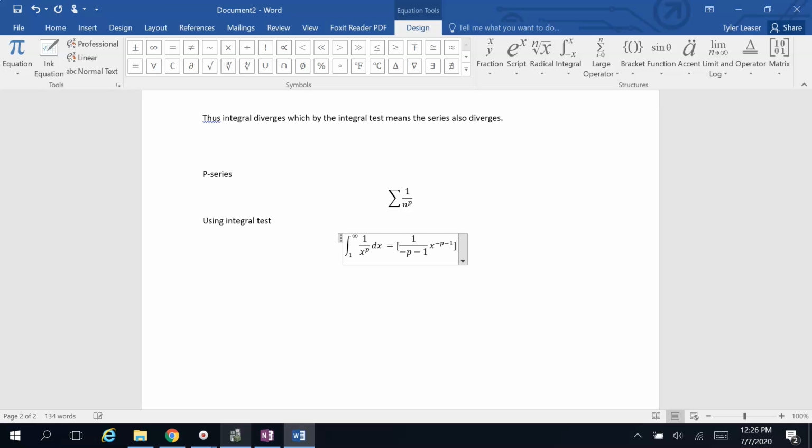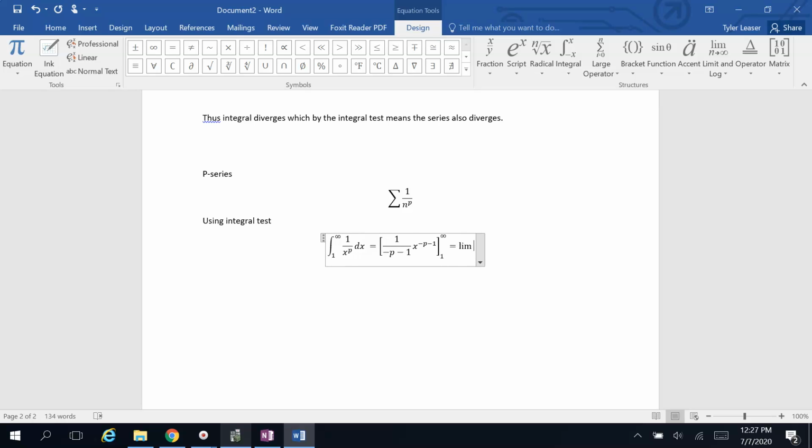We're going to do the same thing. We're going to take that and evaluate it between infinity and 1. If I plug infinity into this, we have to be careful. It all depends on what that value p is. So let's rewrite this in a way that makes a little more sense for us, and to do that, I'm going to think about it more like a limit.